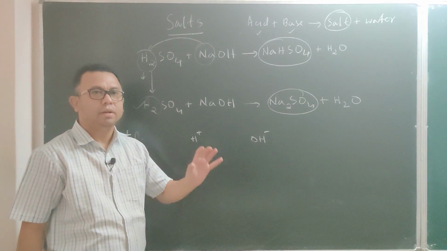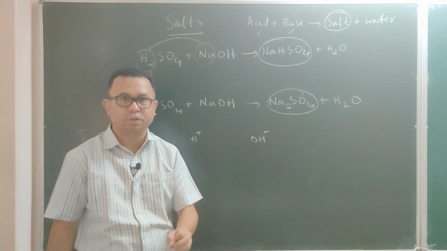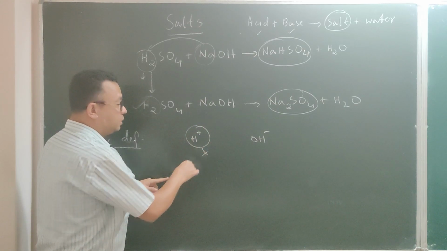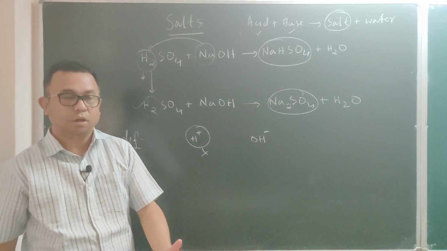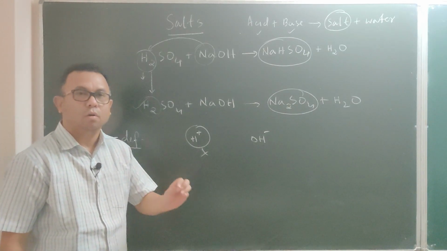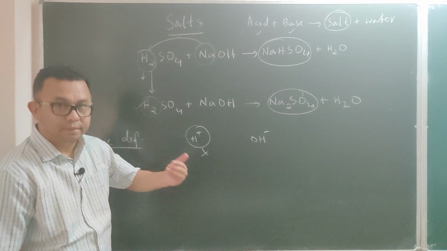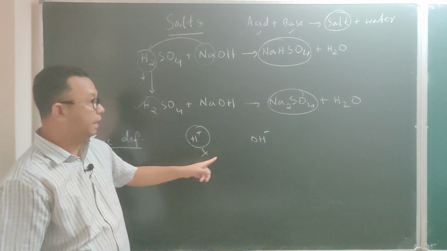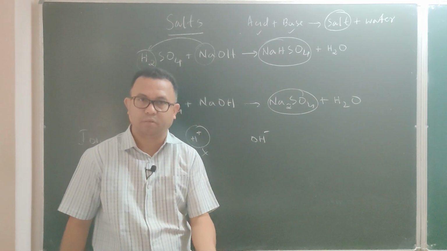Then when you define a salt, we can say that salts are those compounds which when dissolved in water produce cations other than hydrogen ion. All cations but hydrogen ion, because if hydrogen ion is there then it becomes an acid. So the ionic definition of salt is that salts are those compounds which when dissolved in water produce cations other than hydrogen ion or hydronium ion, and anions other than hydroxyl ion, because if the anion is hydroxyl ion then it becomes a base.